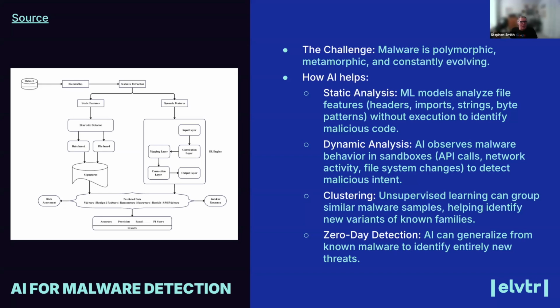We can talk about how it can do static analysis, right? So it looks at headers, import tables, section entropy, embedded strings, right? These are all features of the file that you don't need to execute the file for it to be parsed and acted on.